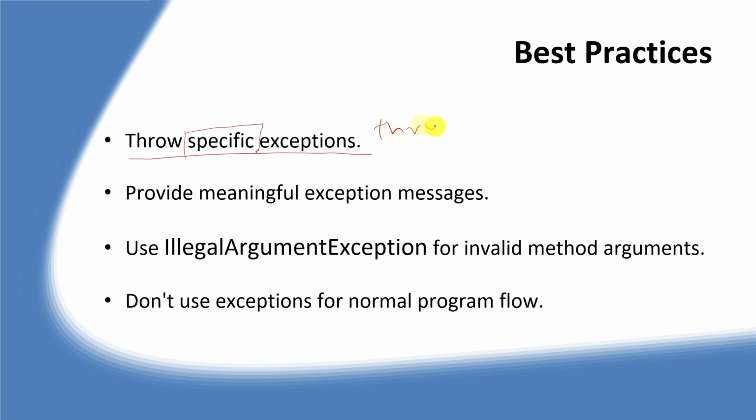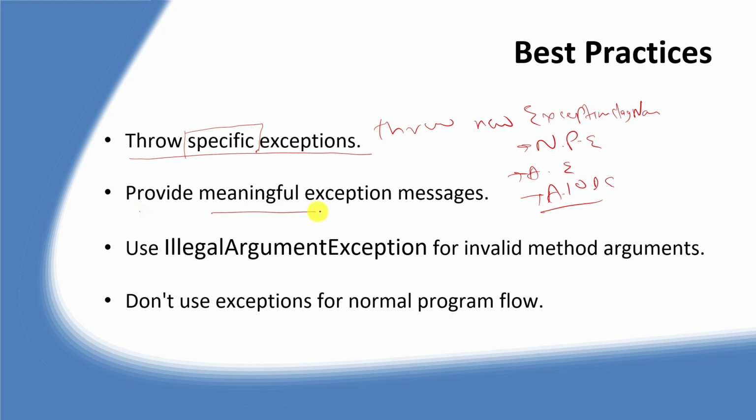Throw new and the exception class name. That should be a specific class name. It can be null pointer exception, it can be arithmetic exception, it can be array index out of bound exception. So we should use specific exception class based on the business failure.